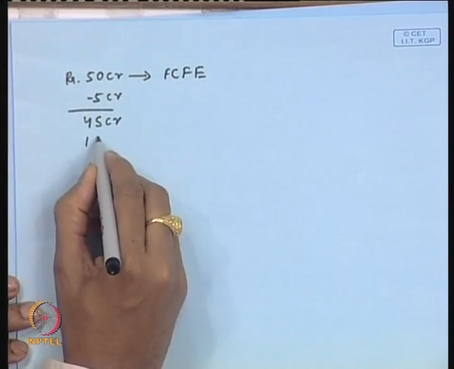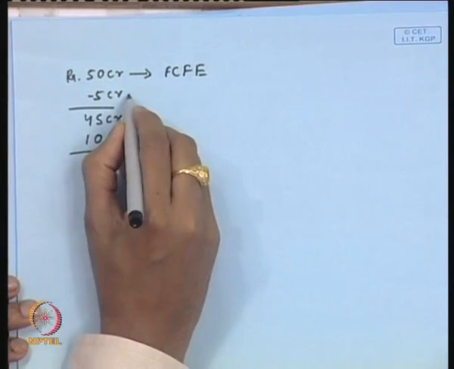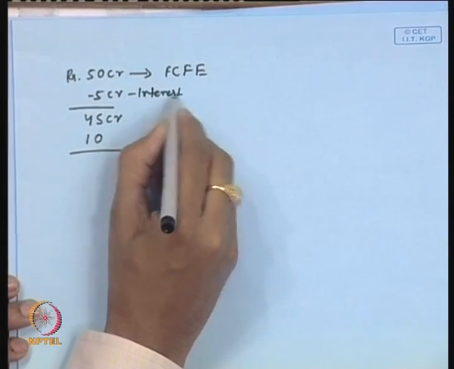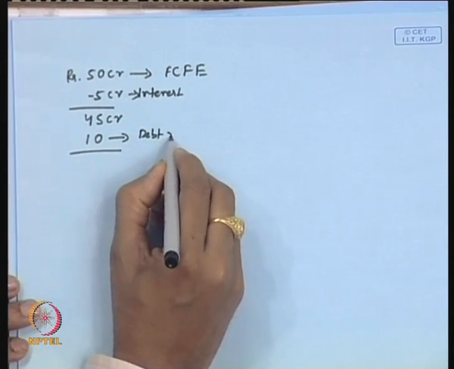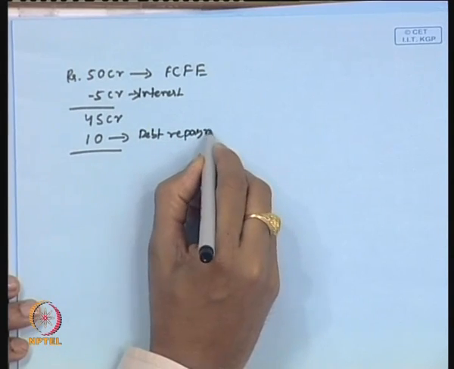Then let us say there is a scheduled debt repayment, so this is our interest and this is our scheduled debt repayment that takes place.